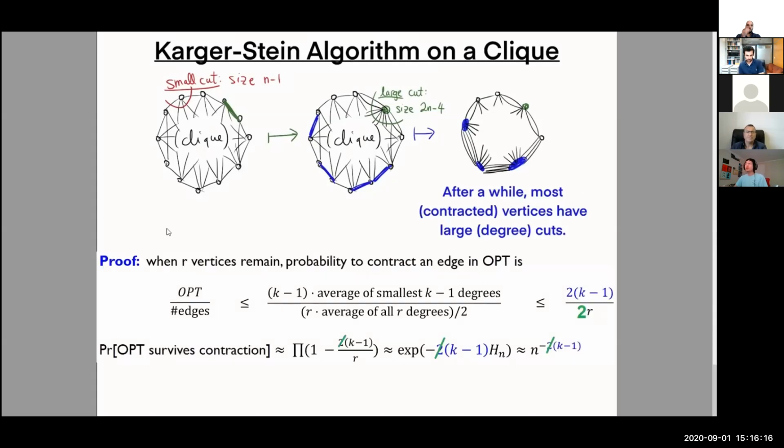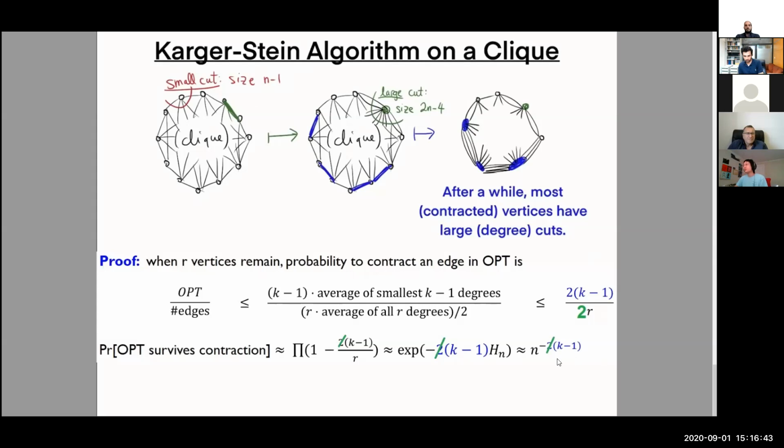So once we redo our analysis, we get that, so what is r times the average of all our degrees? Well, initially it was n minus 1, the average of degrees. And after a while, if most vertices have degree at least 2n, then we actually get a factor 2 boost here. And this factor 2 exactly cancels out the numerator factor 2, and we get a probability of 1 over n to the k.